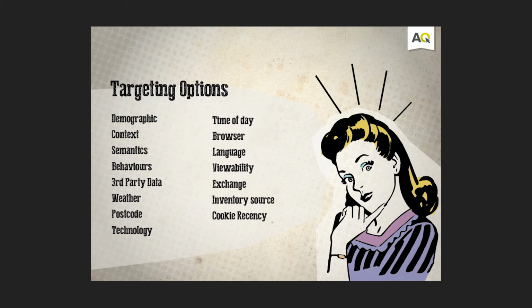We have about 40 different exchanges to target. Based on experience and campaign length, we add and delete exchanges based on performance and delivery. Each exchange has its own inventory source, so we could also optimize and target by inventory source. Yahoo Mail, for example, we could target SpotX or Gameloft inventory. Cookie recency is to do with remarketing.